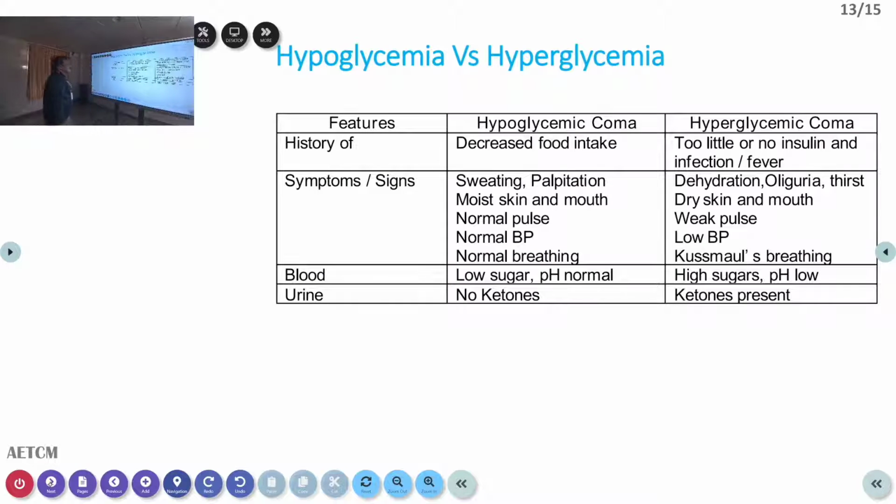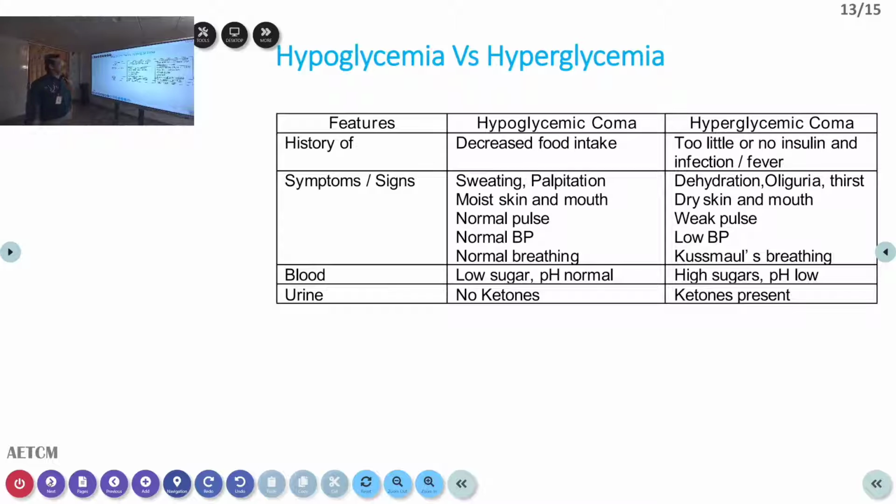Now, there are some differentiating features between hypoglycemia and hyperglycemia, but practically, when we are treating patients in the emergency room, it is very difficult to make them out. In hyperglycemic coma, most of the time, if it is DKA, the patient will have acidotic breath. In hypoglycemic coma, the patient will have sweating, and BP may be low.